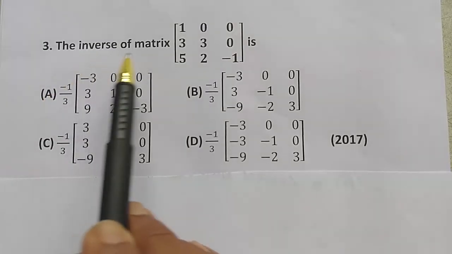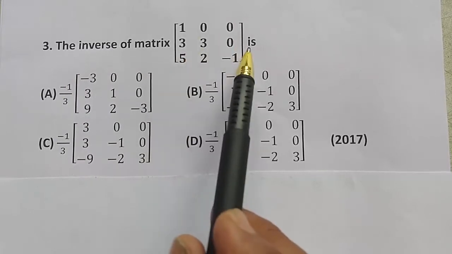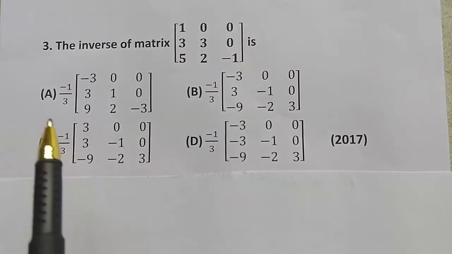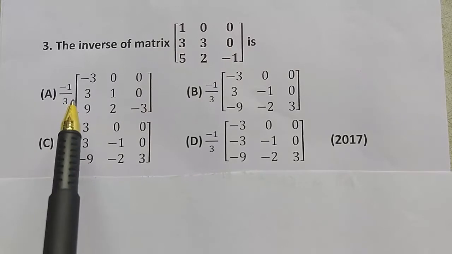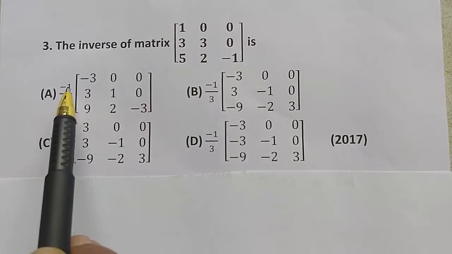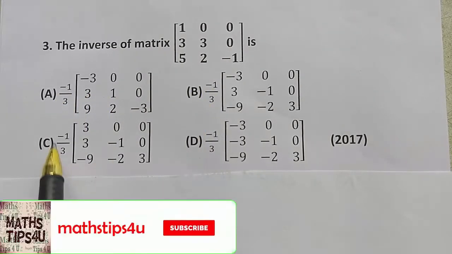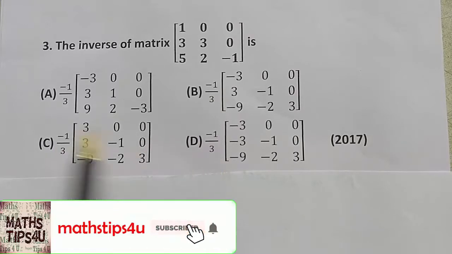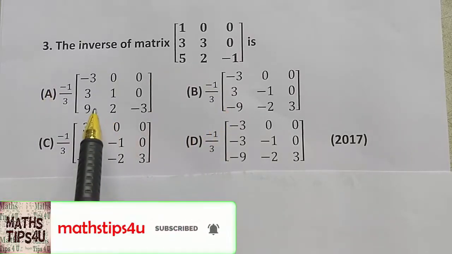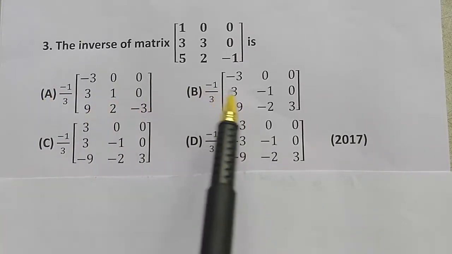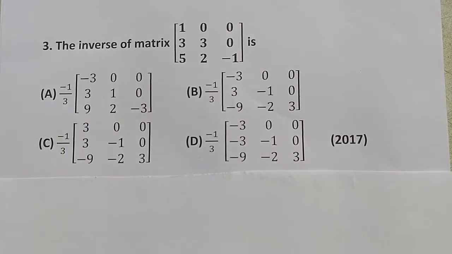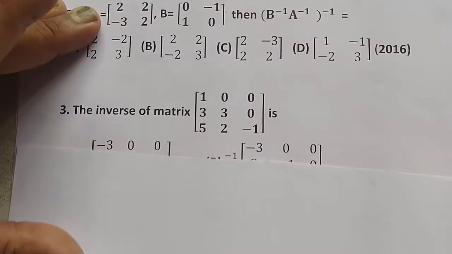Number 3. The inverse of the matrix is, in each option the coefficient of matrix, that is minus 1 upon 3, is the same, the only difference is in the matrices. So we use a shortcut method to find the inverse of a square matrix.